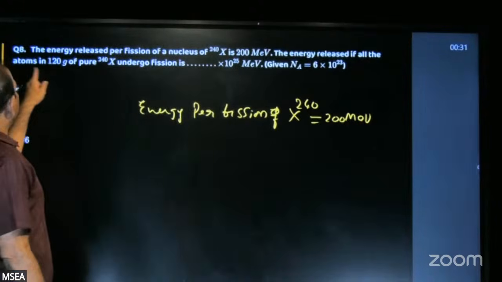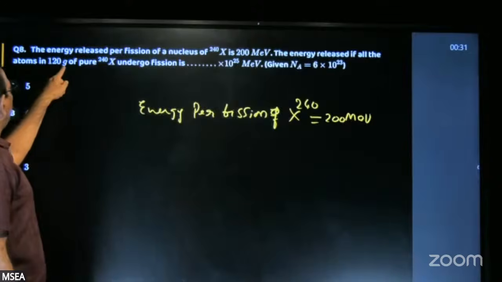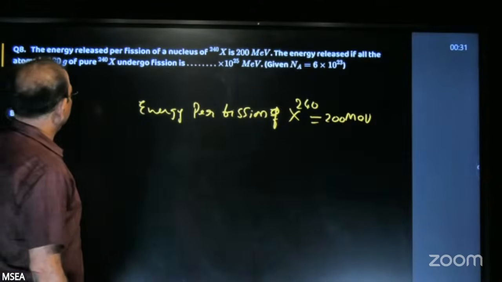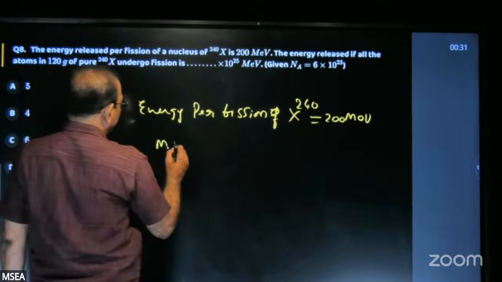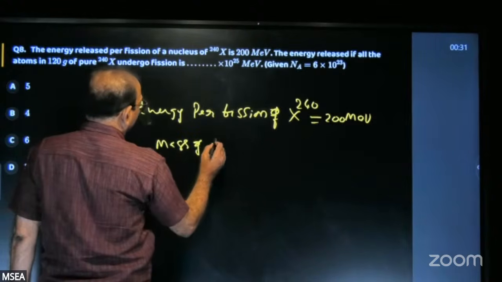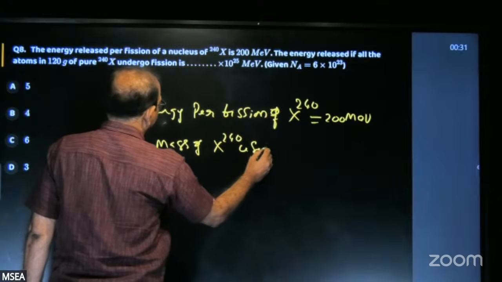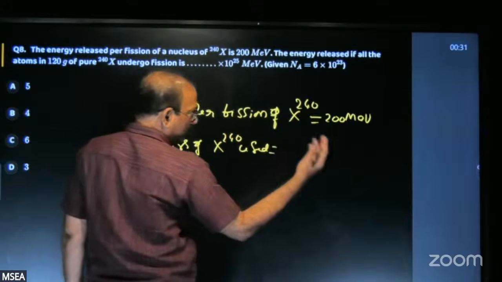What is the energy released if all the atoms in 120 gram of this substance undergo fission? Means what is the mass of that substance used for fission reaction?